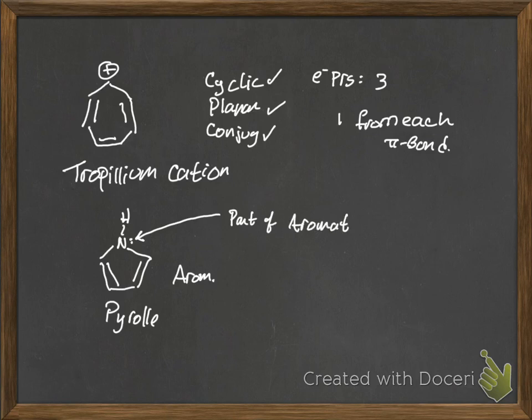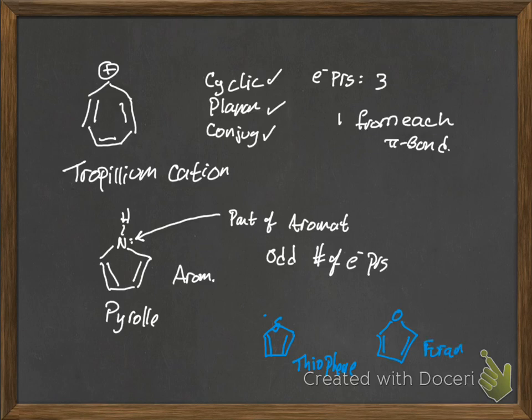So we get an odd number of electron pairs. The same principle applies in this one with a sulfur, thiophene, and this one with an oxygen, furan.